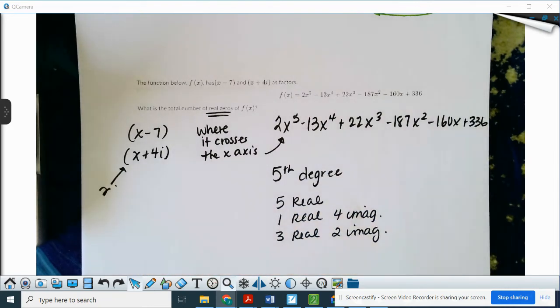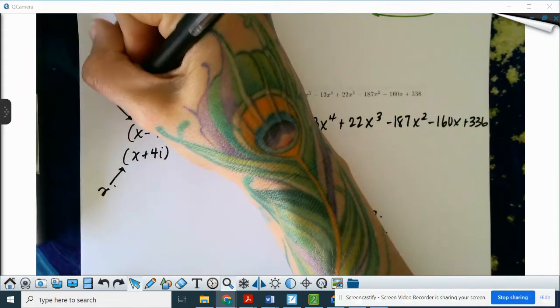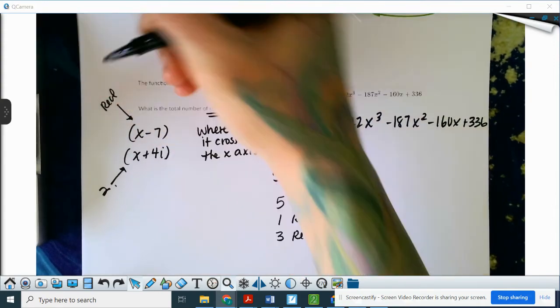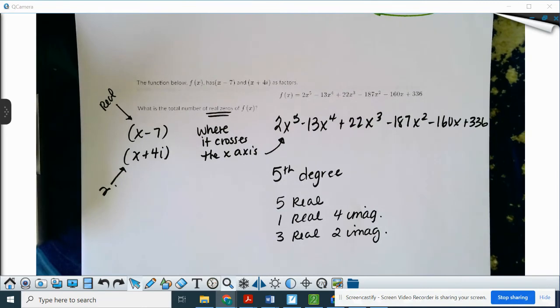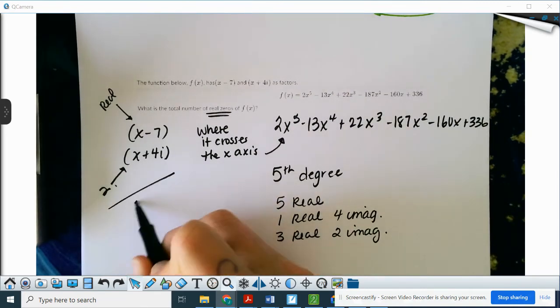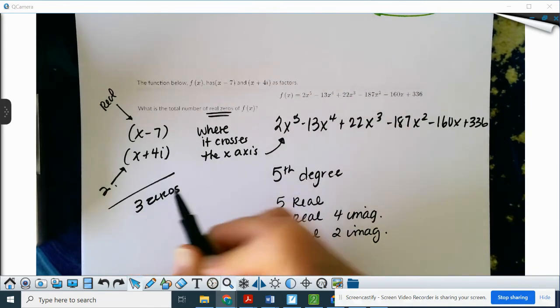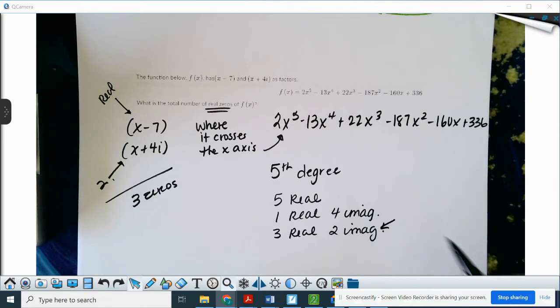So ideally, when you graph it, you should either see 3 that cross the x-axis, or you only see 1 time that it crosses the x-axis, and that would be at that positive 7, because this is the only real one they gave us. You're looking for the other set. So this is already 3 of your zeros used up. So it has to either be 2 more imaginaries or 2 more real where it crosses the x-axis.